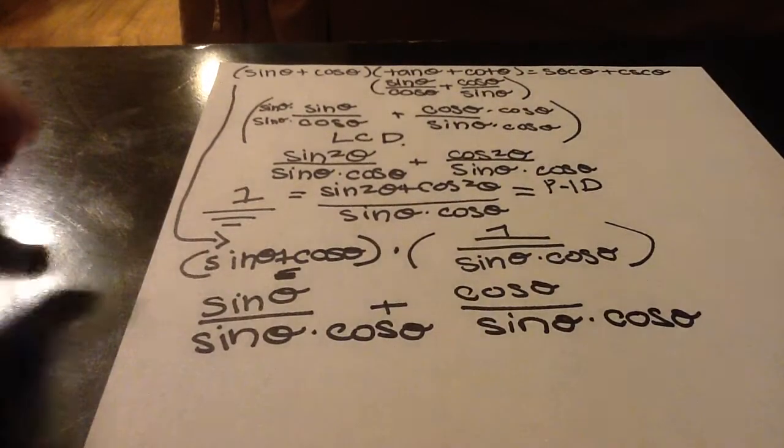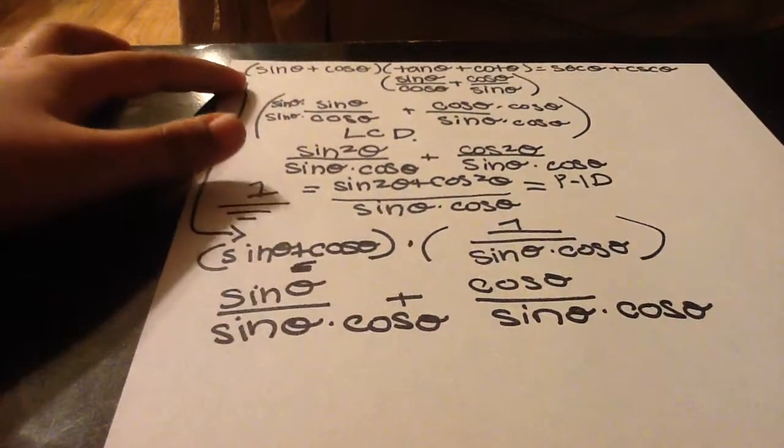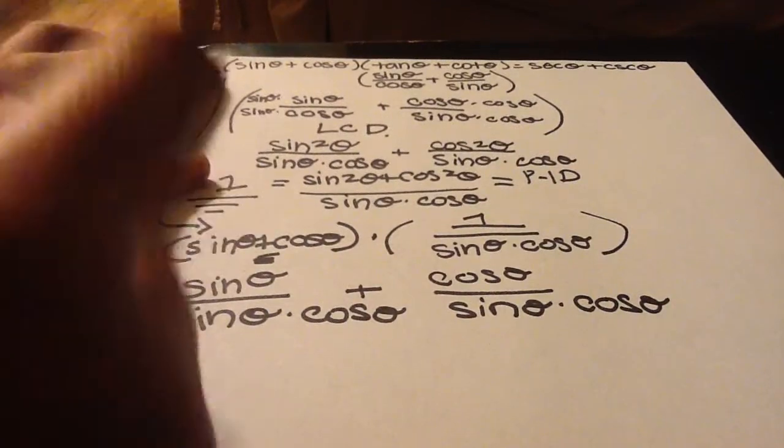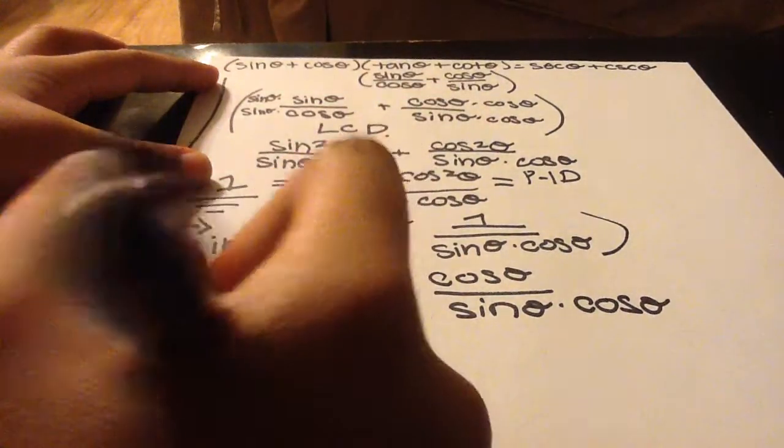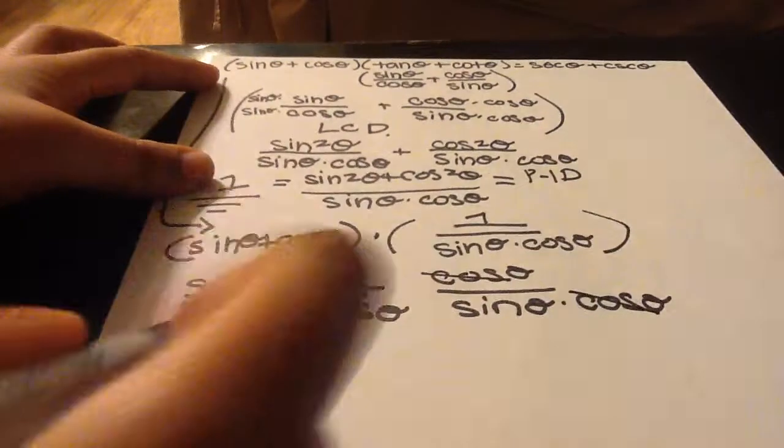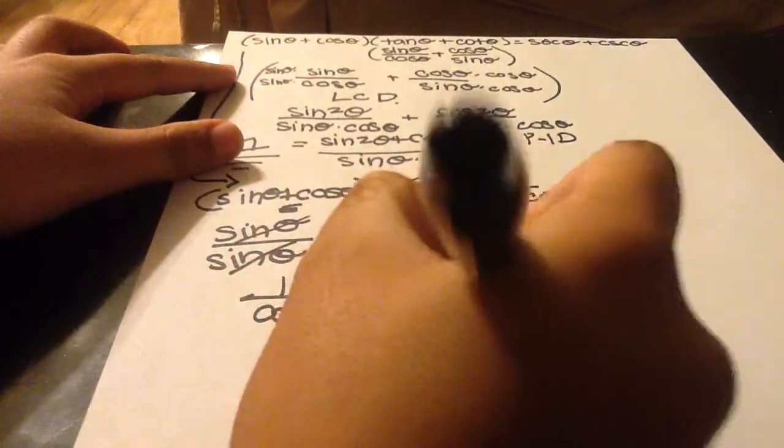Now here we can see that we can simplify a little bit. So let's cross this out and then cross these out. So now I'm left with 1 over cos θ plus 1 over sin θ.